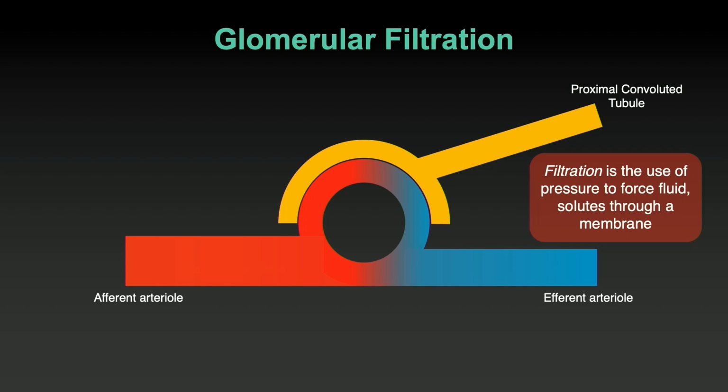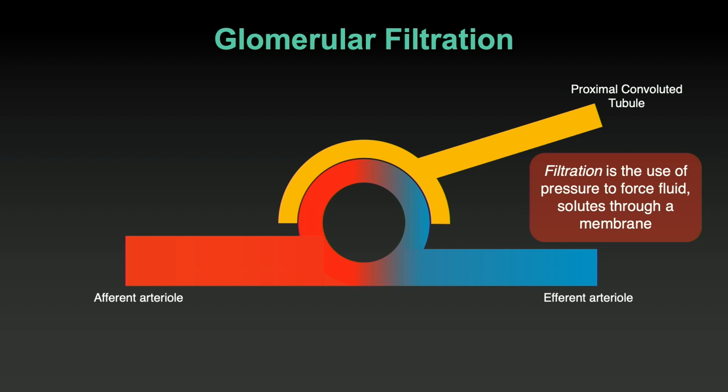So I want to use this slide to illustrate why filtration is greater here than at the capillaries. In this sense, filtration is the use of pressure to force fluid or solutes through a membrane. If I contrast that with the capillaries from earlier in the semester, we used the pressure gradients for oxygen or CO2 to force substances through a membrane.